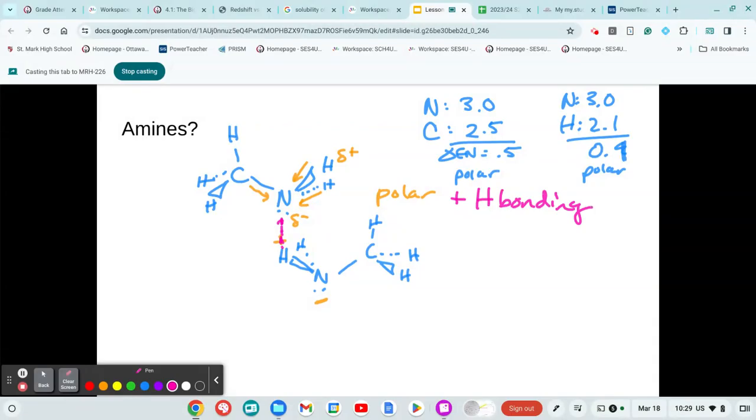But what kind of amine is this? Is this primary, secondary, or tertiary? Yeah, this is a primary amine. We know that because the nitrogen is only attached to one carbon.